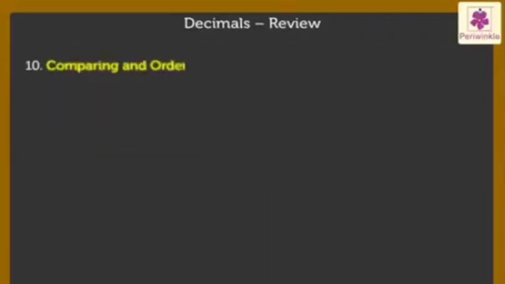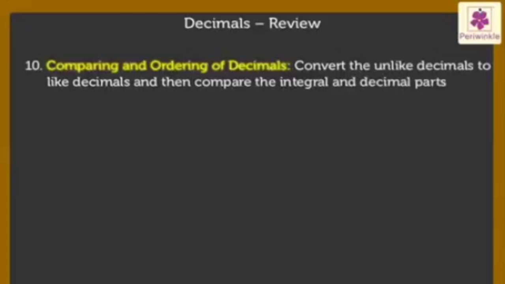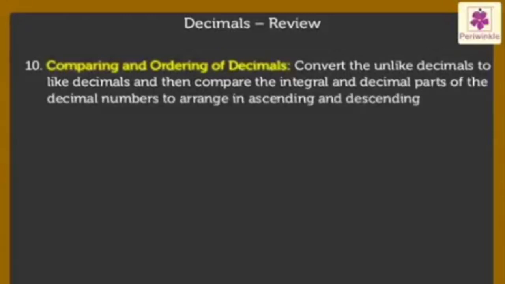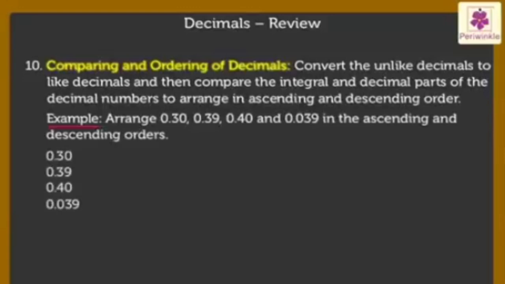Comparing and ordering of decimals. Convert the unlike decimals to like decimals and then compare the integral and decimal parts of the decimal numbers to arrange in ascending and descending order. Let's arrange these decimals in the ascending and descending orders. Convert all the decimals to like decimals.